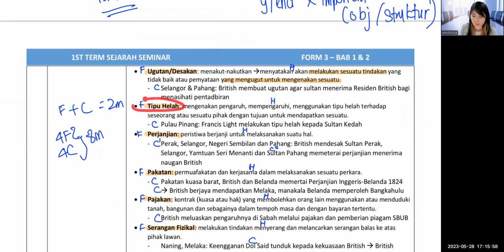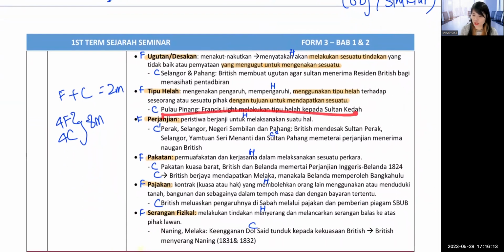Okay. Then tipu helah means that they lie to you to get something. So they menggunakan tipu helah dengan tujuan untuk mendapatkan sesuatu. So for example, Penang, French is like lie to Kedah and take over. Understand? Then we have perjanjian. Perjanjian in this case, they agree to melaksanakan sesuatu hal.